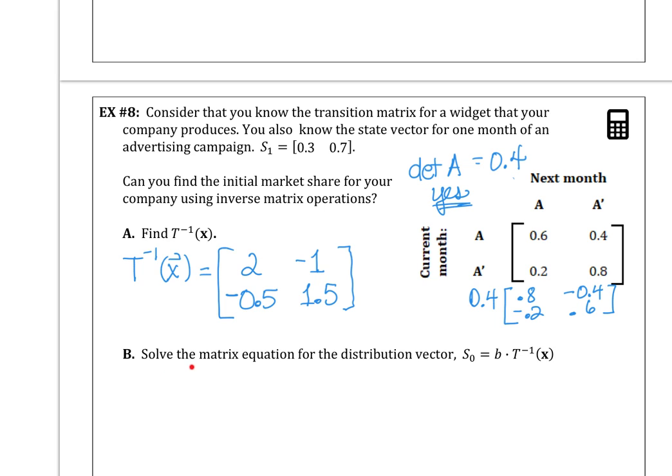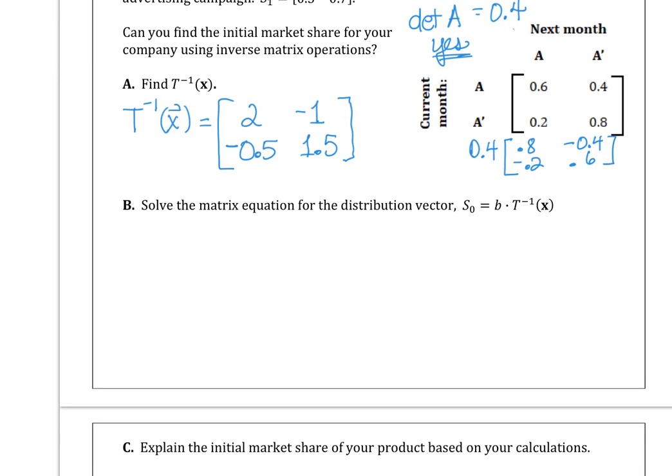In the next example, can you solve the matrix equation? So the distribution vector S sub naught is our B times the inverse. So the work for that, S sub naught has to be our B, which is 3/10 and 7/10 up above that steady state 1. And then our inverse we just found, 2, -1, -1/2, and then 1.5.